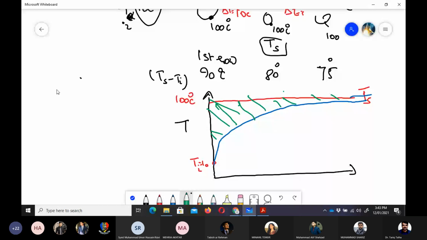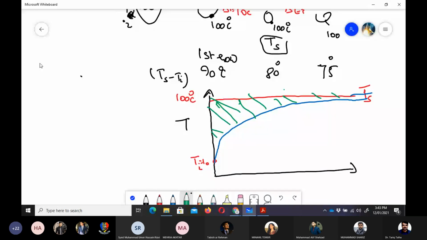the standard heat transfer formula, the Newton law of cooling, that is h A_s into T_s minus, actually it was T infinity, right? Now there is no T infinity.